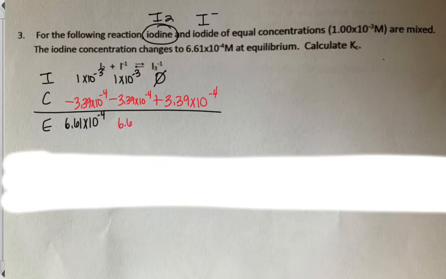Then I'll say 1 times 10 to the minus 3 minus 3.39 times 10 to the minus 4. I might should have rewritten this so that things aren't so bungled up.